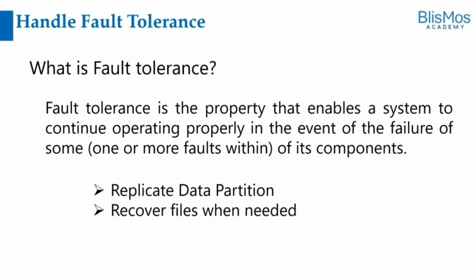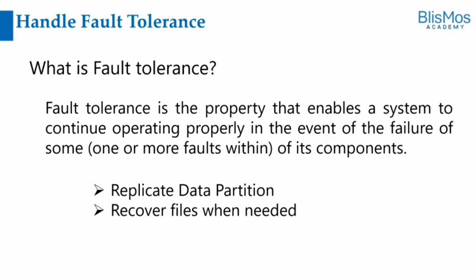The next thing is that the programming model should handle fault tolerance. By the way, what is fault tolerance? Fault tolerance is the property that enables a system to continue operating properly even though there is a failure of some of its components.